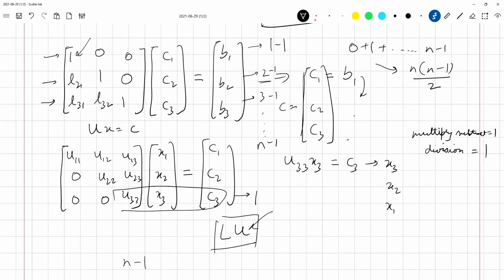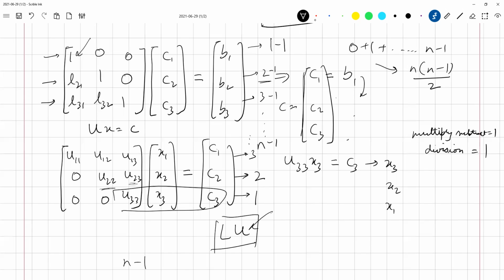So how many operations are required here? You'll have one multiplication u23 into x3, one subtraction c2 minus this whole thing, and one division by u22. So you'll have two operations here.